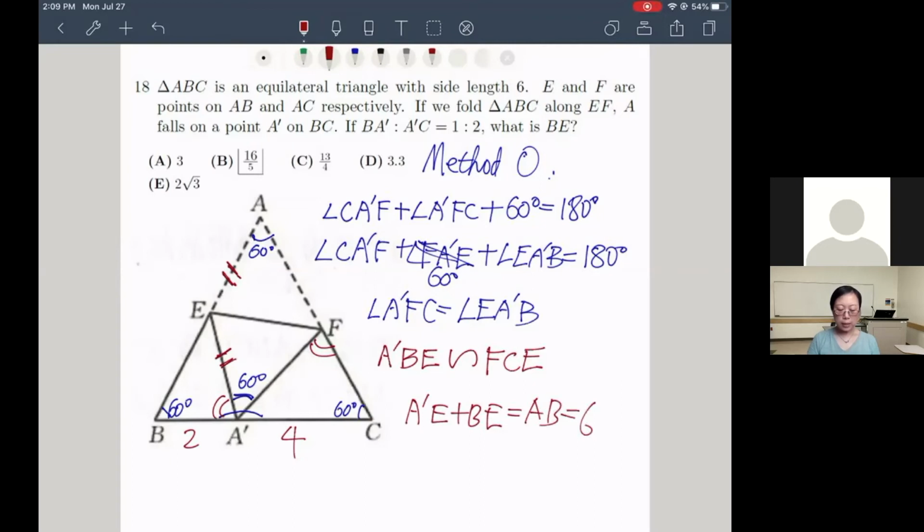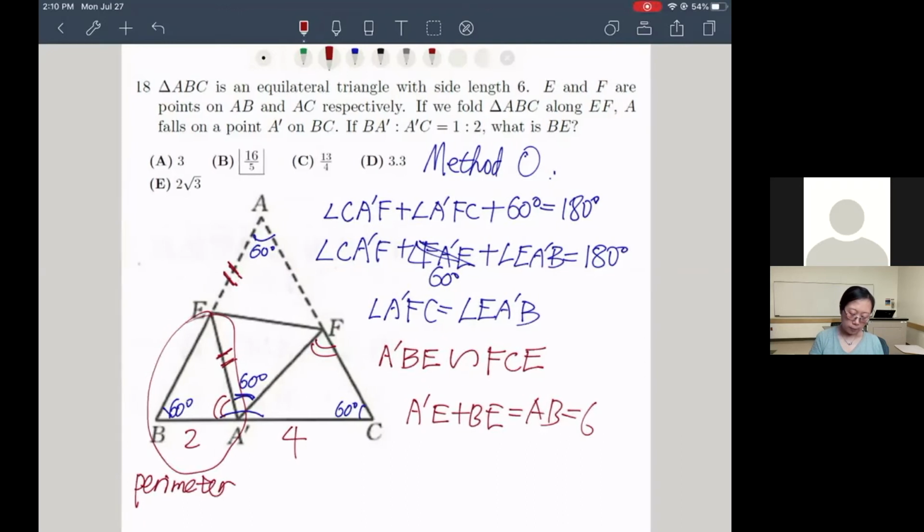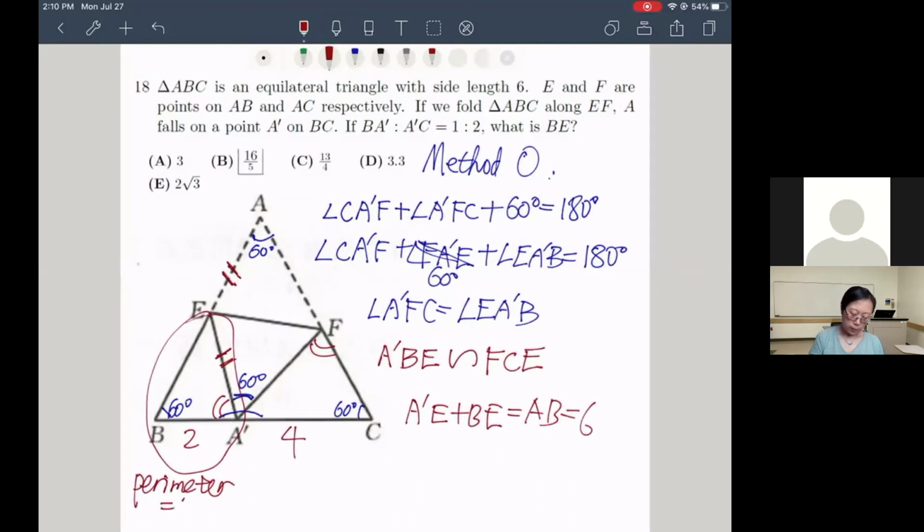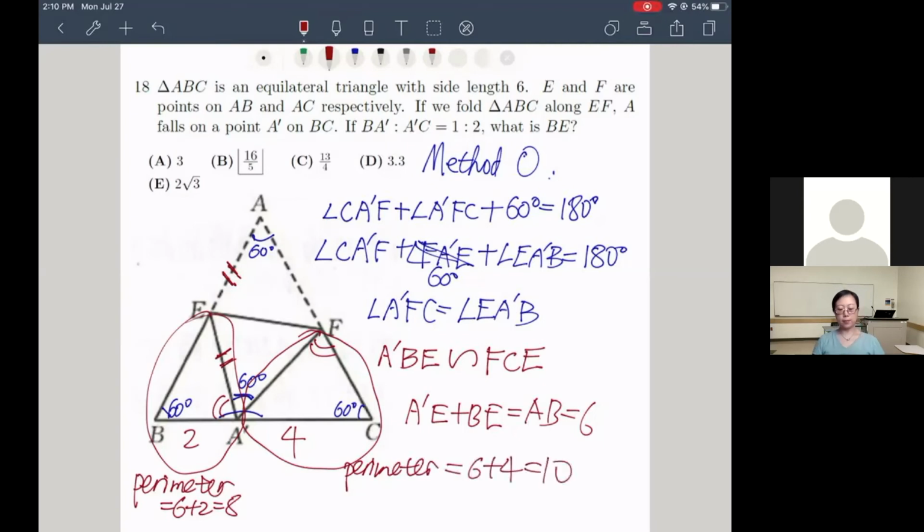Thus, the perimeter of this one is 6 plus 2, which is 8. And similarly, the perimeter of this one is 6 plus 4, which is 10.